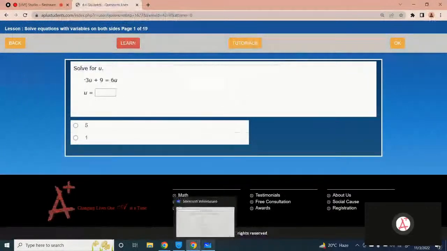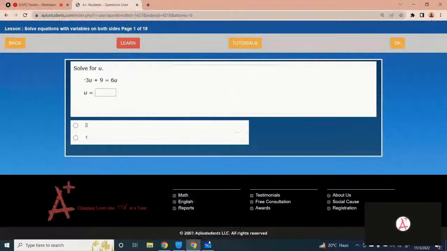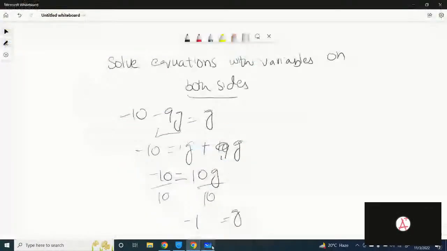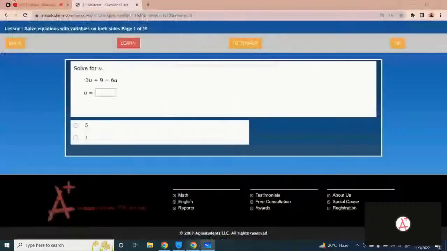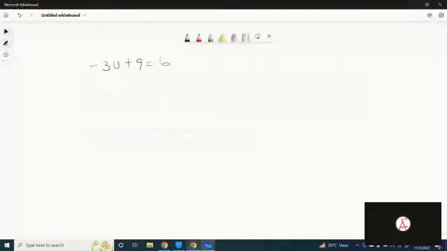That would be negative 3u plus 9 equals 6u. Okay, so move that negative 3u to the other side so that you can collect the like terms.